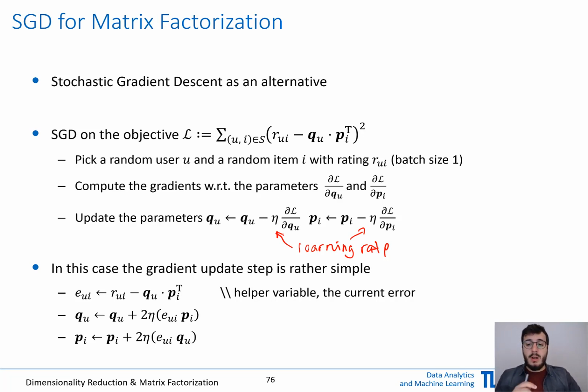So this was for a batch size of 1, where we take a random user u, a random item i, we look at the rating r_ui, and then we simply compute the gradient for that particular Q_u and that particular P_i. If you have a larger batch size where you have multiple ratings, again, the gradient update is pretty simple. You just sum up all the terms that contribute to Q_u and all the terms that contribute to P_i.